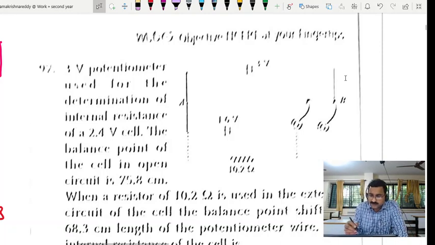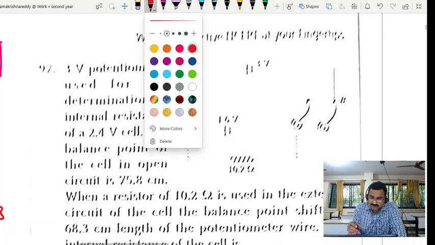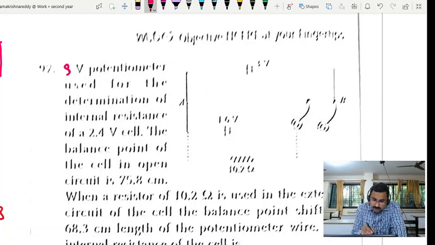See that question, I will write here, because the question is missing actually. Some 8 volt or something, no problem about that.